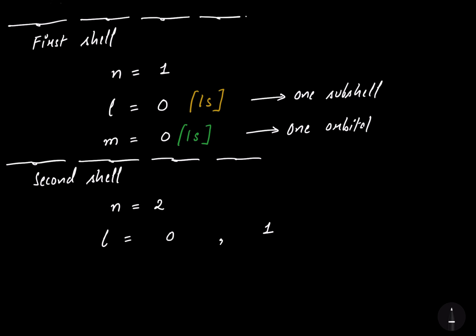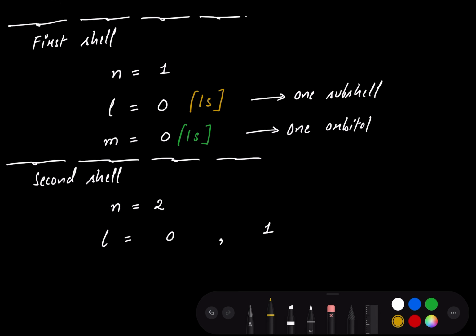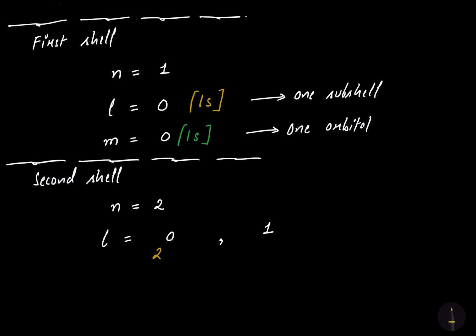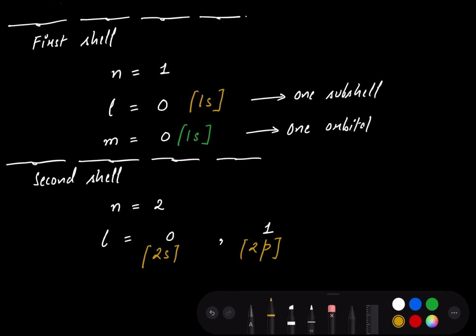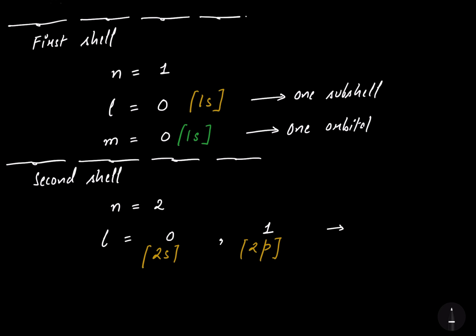Now we got n to be 2, l to be 0, the 2 and 0 stands for s, so it comes out to be 2s. Now 1 stands for p, of the second shell, it comes out to be 2p. So here how many subshells did we get? One is 2s and another one is 2p. We got two subshells.